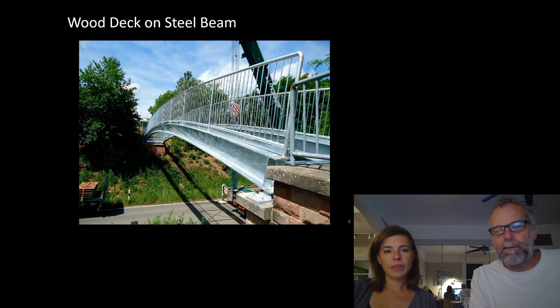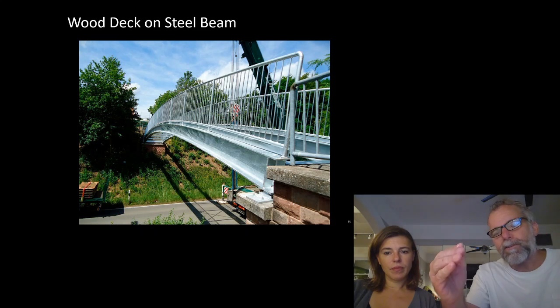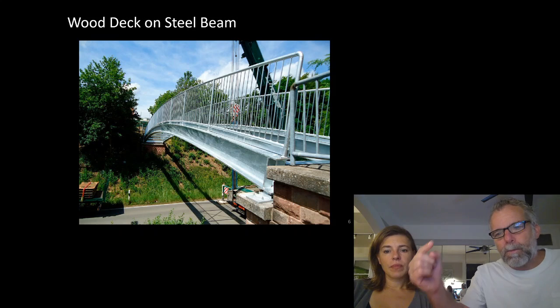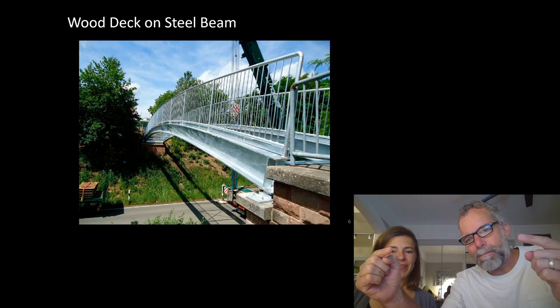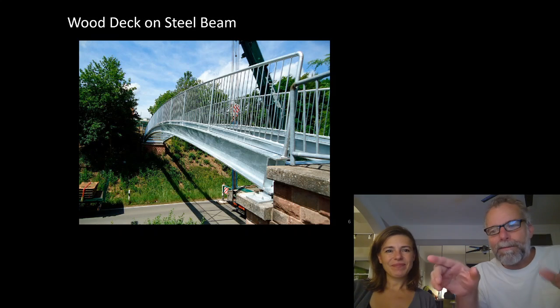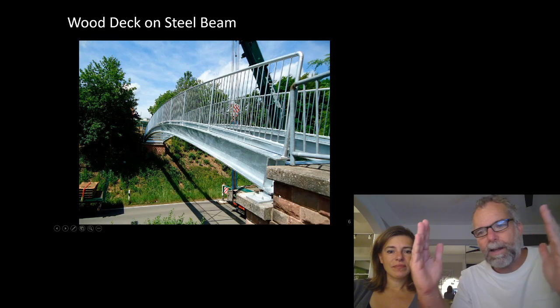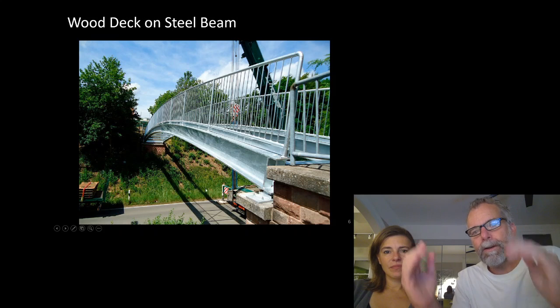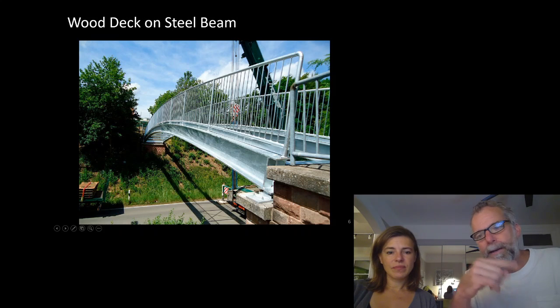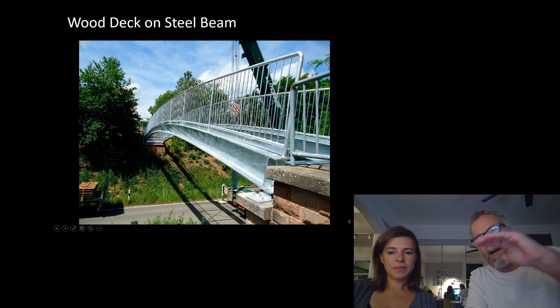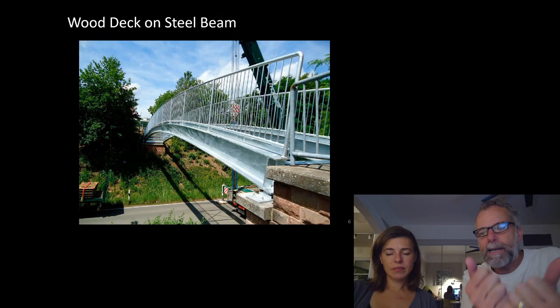The distinction between an arch and a beam is not so much the curved shape, although that's part of it, but what the boundary conditions are. If the boundary condition can take an outward thrust, then it can behave like an arch. If the boundary conditions are allowed to move, then it has to behave like a beam, notwithstanding that it looks like an arch. So something shallow like this, the boundary forces would be huge.